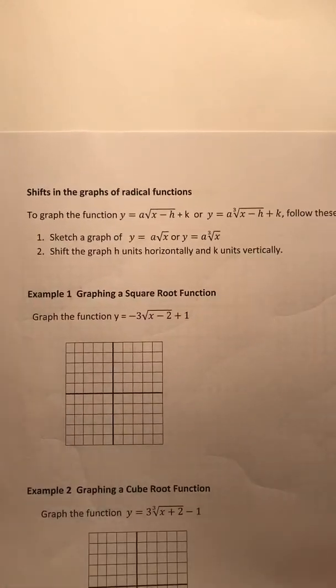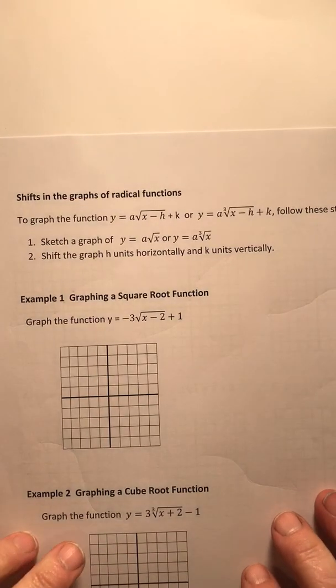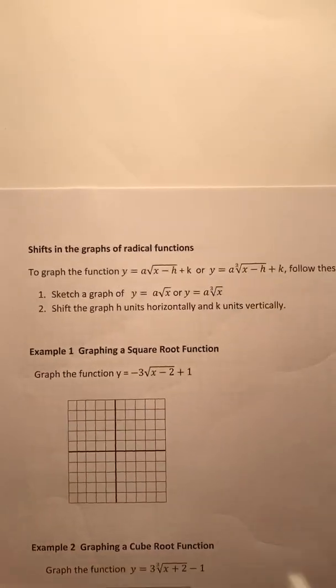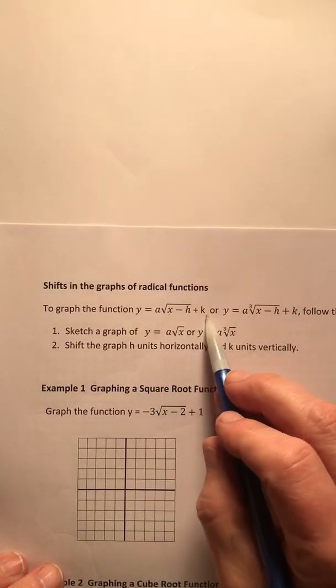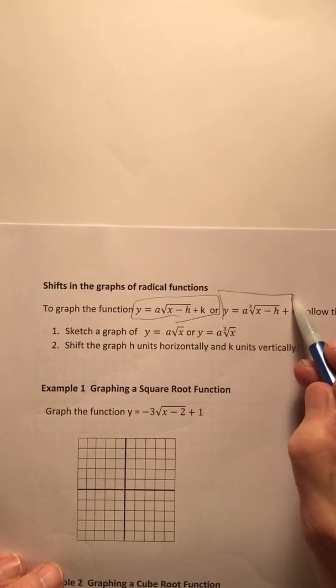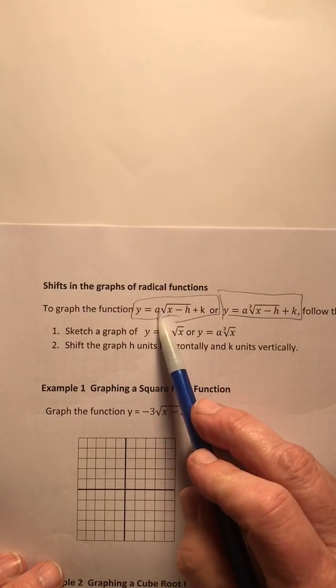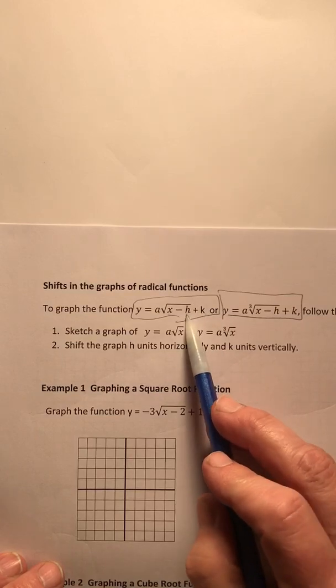All right. Now, what we really want to do is all this stuff with it. Again, we're going to be talking about our H and our K again. You should recognize this as this one's with the square root and this one's with the cube root. But again, we have our H and our K. We already discussed what the A did. H and the K, you should know this.